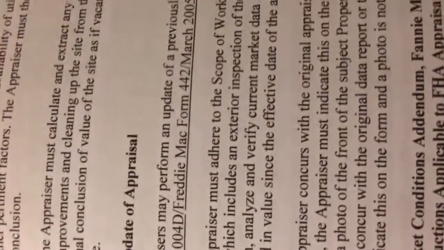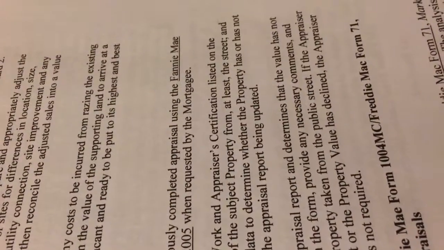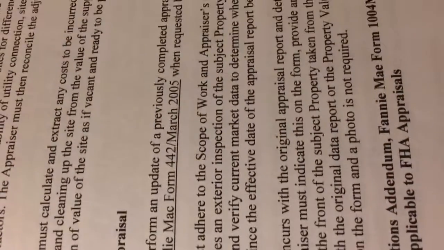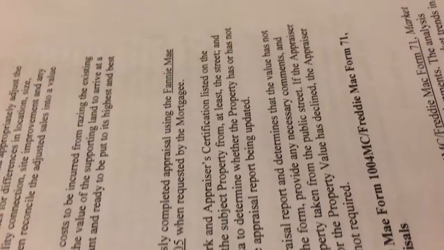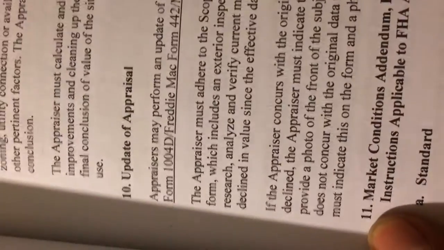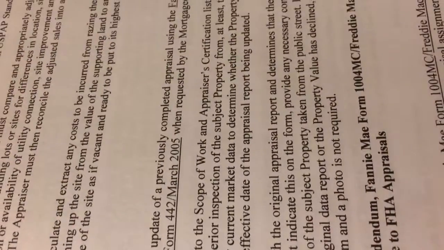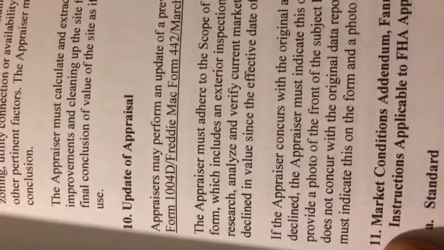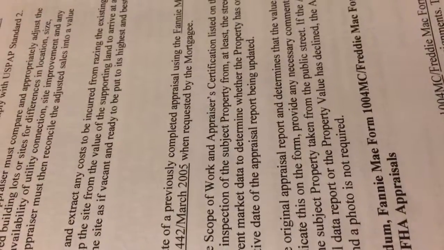The appraiser must adhere to the scope of work and appraiser's certification listed on the form, which includes an exterior inspection of the subject property from at least the street, and research, analyze, and verify current market data to determine whether the property has or has not declined in value since the effective date of the appraisal report being updated.